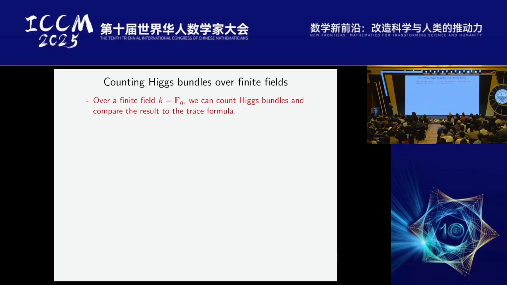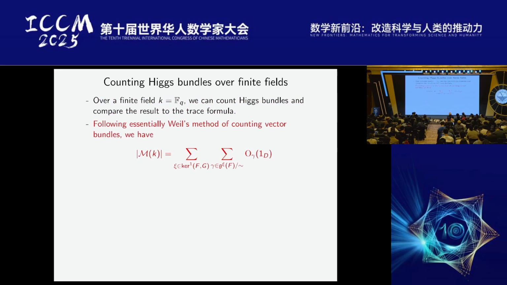All right, now to make the point to connect to endoscopy, let's assume that the base field is a finite field, and now we try to count the Higgs bundles, proceeding by the Harder-Narasimhan stratification.